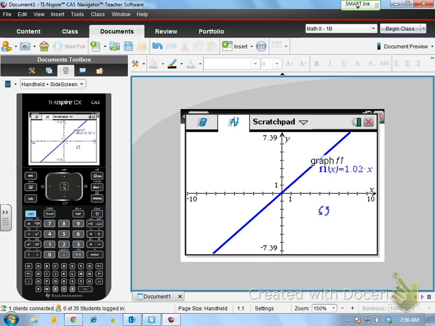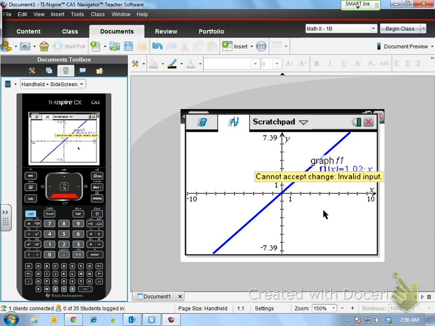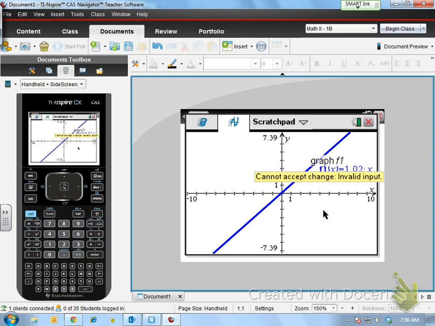Once the hand is clamped down, you can release the mouse. You don't have to hold it down after that. Then you should be able to hit the up and down arrows, and it'll move the graph. While you're moving the graph, I want you to only move it up and down. Watch what happens to the equation, because it shows you the equation on the screen.